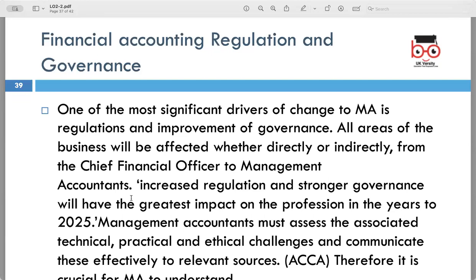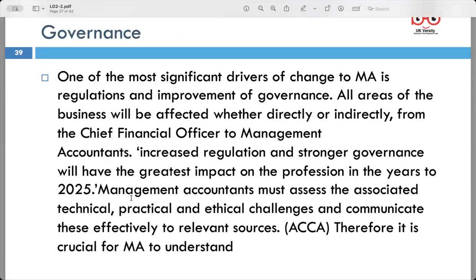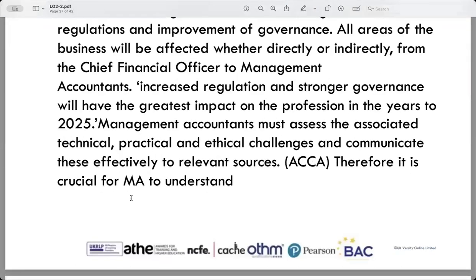So the year 2025 says that management accountants are required to evaluate the associated technologies, practical and ethical difficulties, and communicate their findings, using these to efficiently connect to relevant sources. So it is essential for management accounting to have an understanding of ACCA.